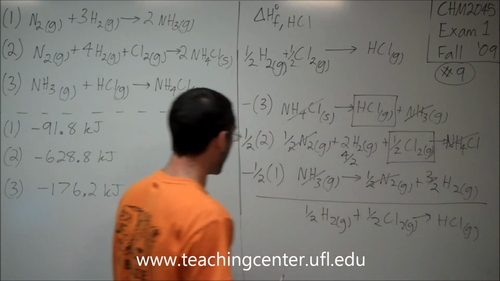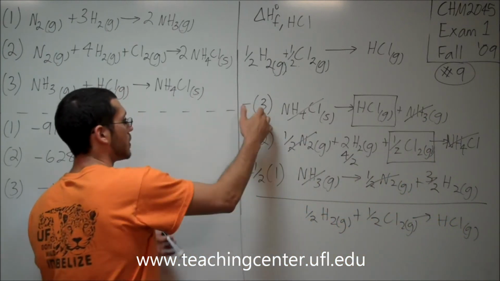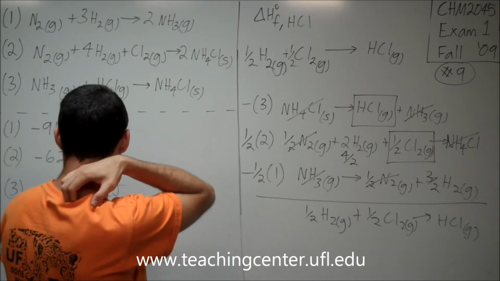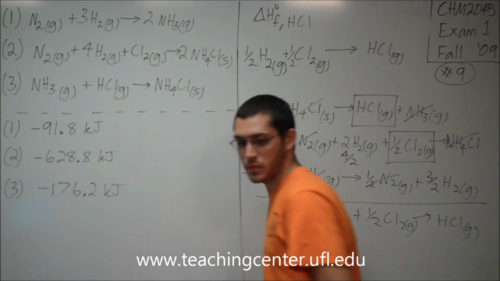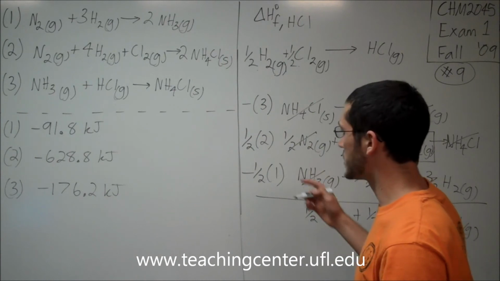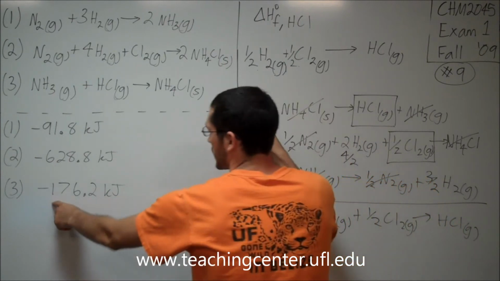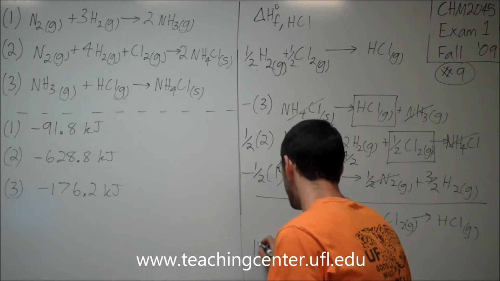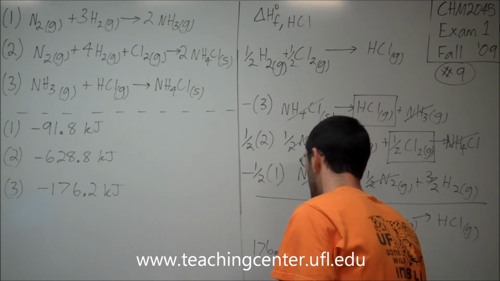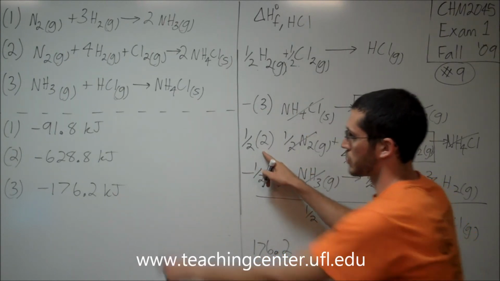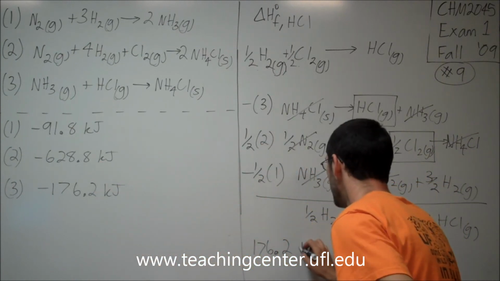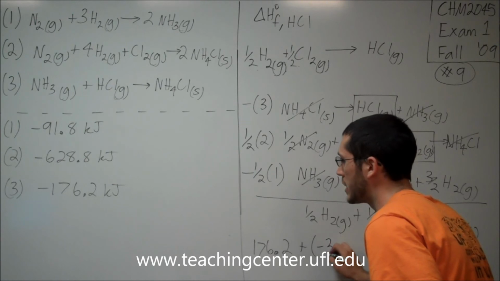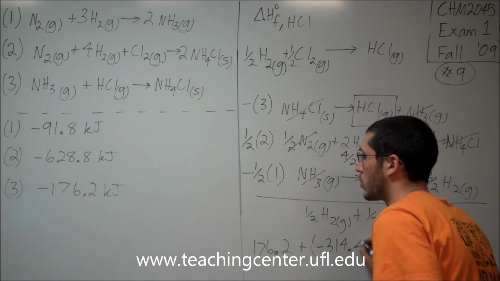Good. So now I have the operations, which I'm going to use on these delta H's. It tells me to take number 3 and multiply by negative, so I have 176.2. Then I'll take number 2 and cut it in half, so I have minus 314.4.